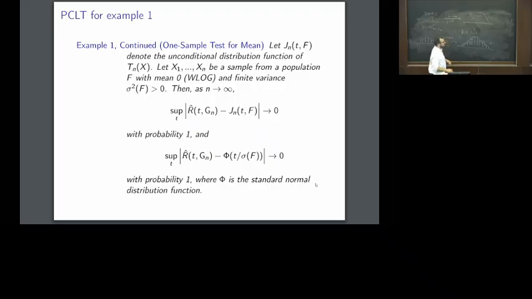Okay, so let's collect those PCLT results, and then we're going to be able to talk about robustness, and I'll clarify what we mean by robustness.